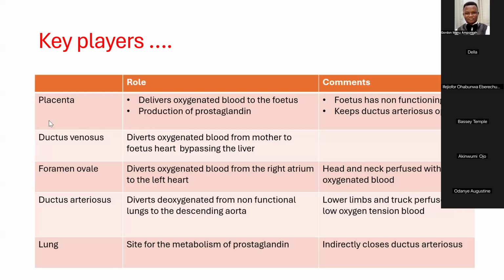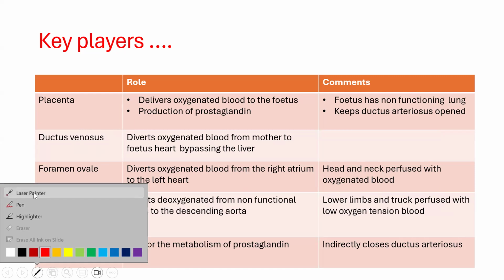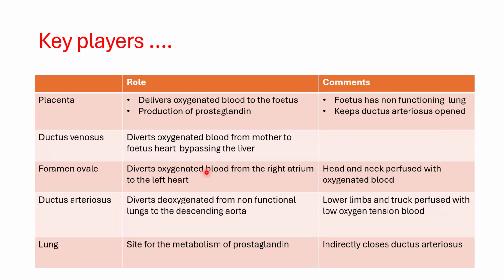Thank you. So I think I've gone through the slide already, highlighting the key players in the transition between the fetal and the adult circulation. I've spoken about the role of the placenta in oxygenation and the production of prostaglandin.